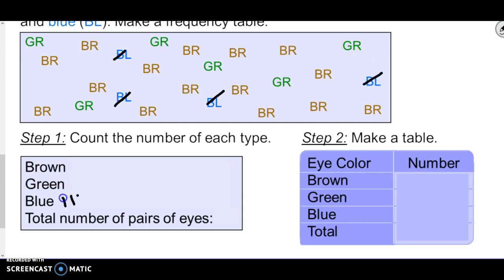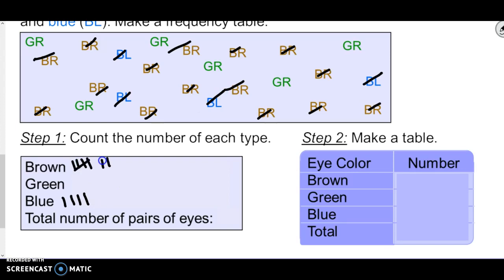So 1, 2, 3, 4. Brown, we have 1, 2, 3, 4, 5, 6, 7, 8, 9, 10, 11, 12, 13, 14, and 15. So we have 15 brown eyes.